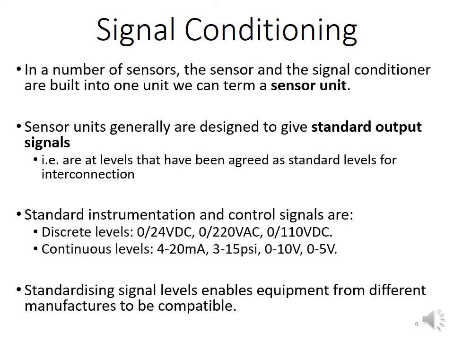In a number of sensor applications, the sensor and the signal conditioner are built into one unit. That single unit can be referred to as a sensor unit. Sensor units generally are designed to give as output standard output signals.